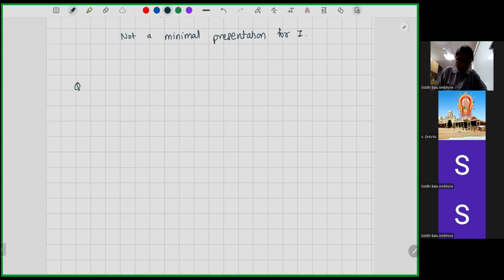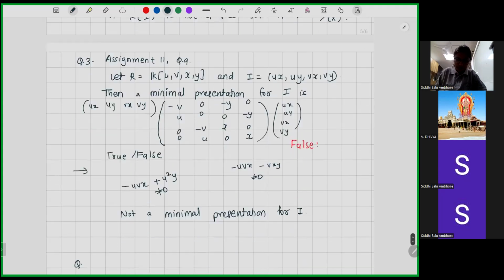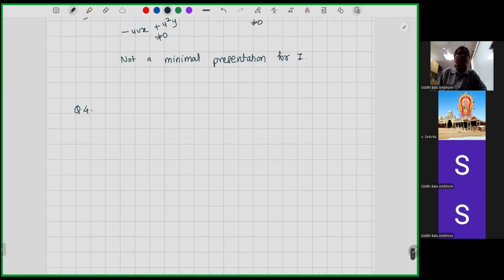So let us check question 4. Let R be k[x, y] localized at the prime ideal (x, y), and the ideal I is (x square, xy)R.